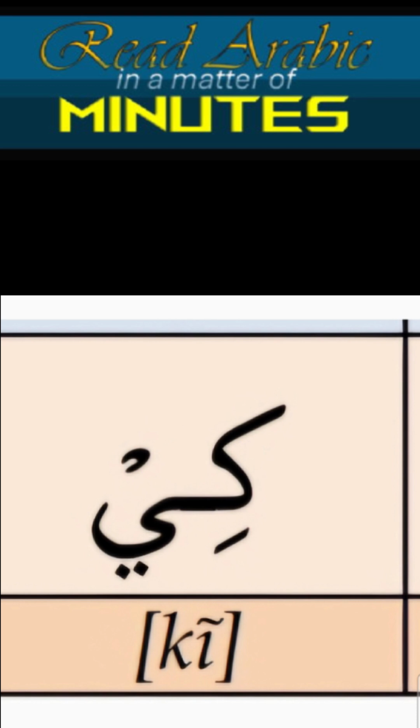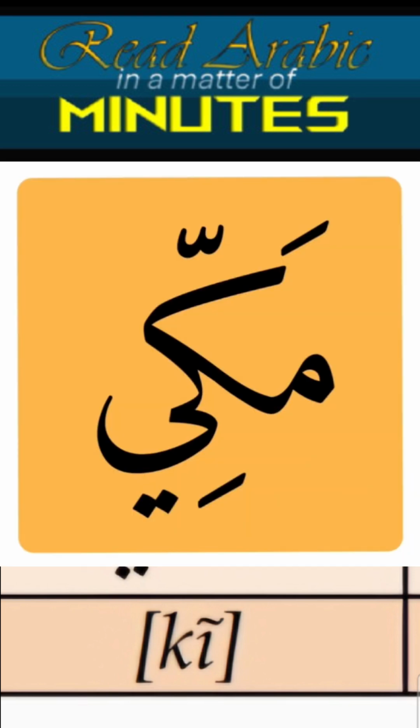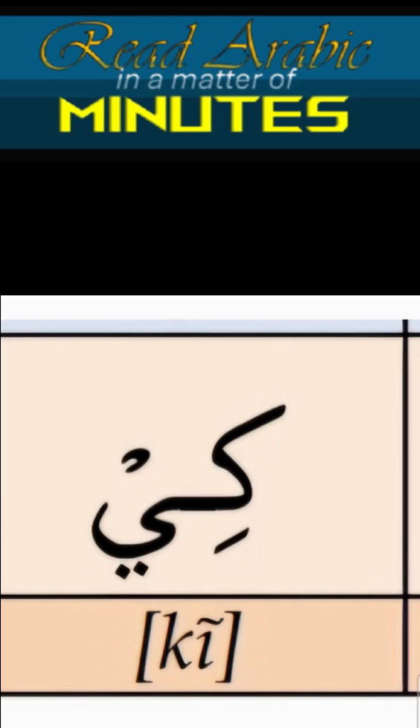If we lengthen the i sound, it becomes ee, of course, and after the k, it will give us this sound, which is kee, kee. The sound kee we'll find in many words such as Makki, meaning Meccan or from Mecca, but we'll get back to that.